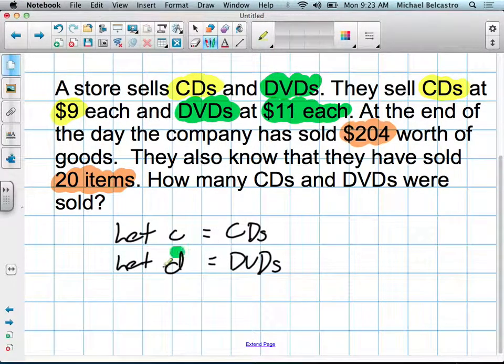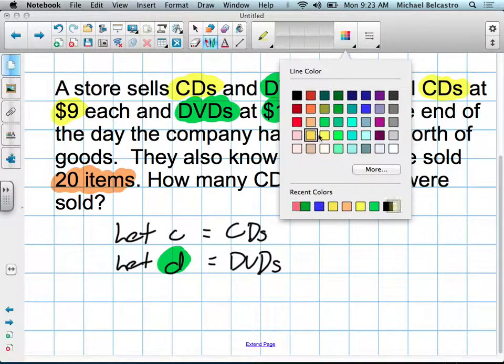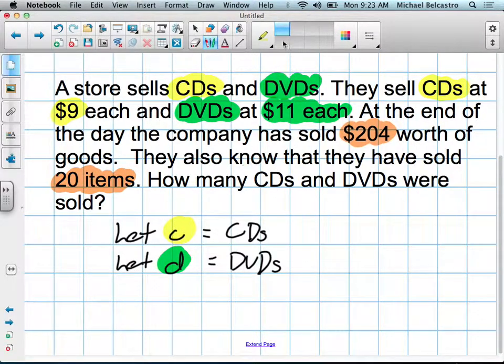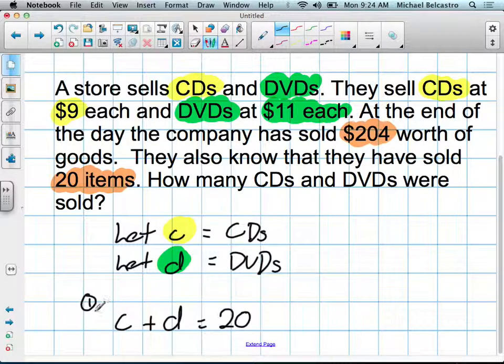We know how many DVDs and CDs were sold altogether? 20. So the number of CDs plus the number of DVDs is going to equal 20. That's our very first equation.